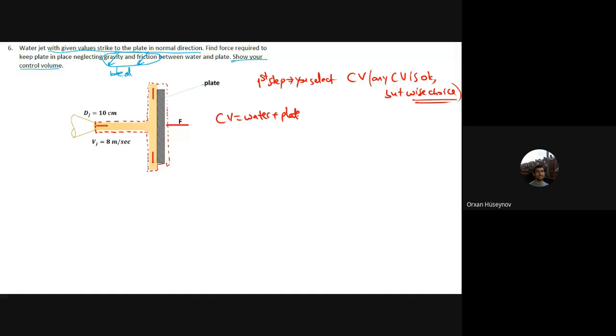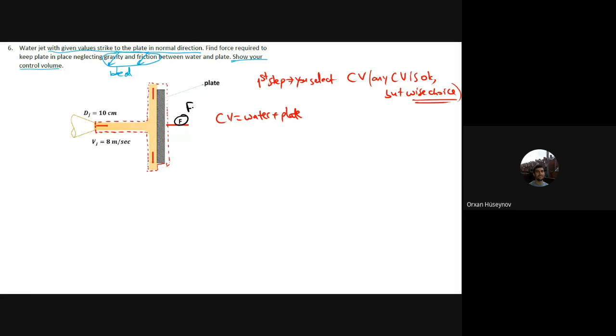You can select water alone, or the plate alone, but then you will have more unknowns and not enough equations to solve it. The question says to find the resultant force F here.